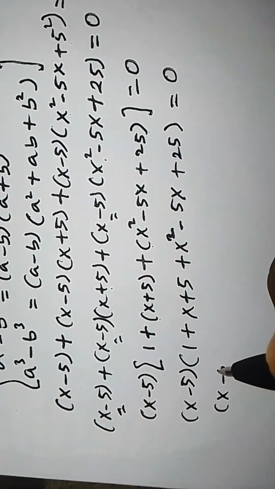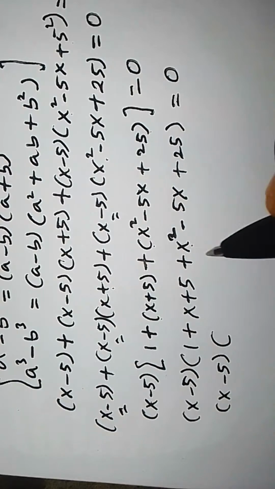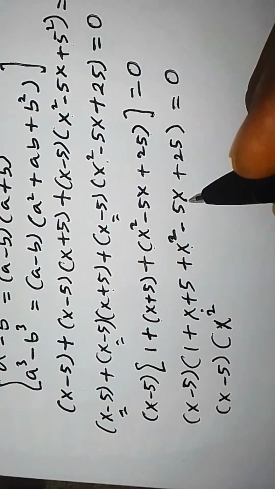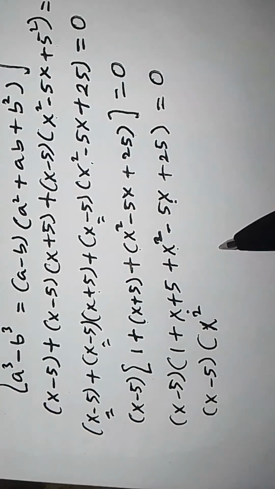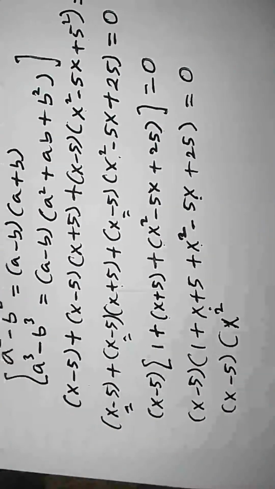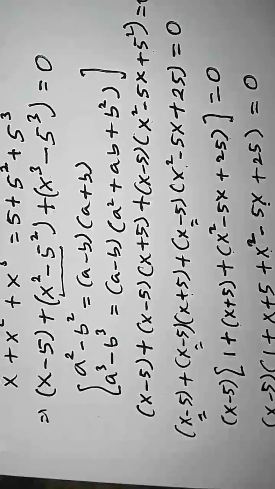So x minus 5 times x, this is x square, x minus 5x, oh, there is a mistake here.